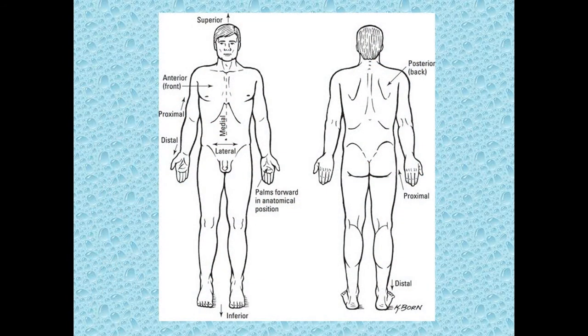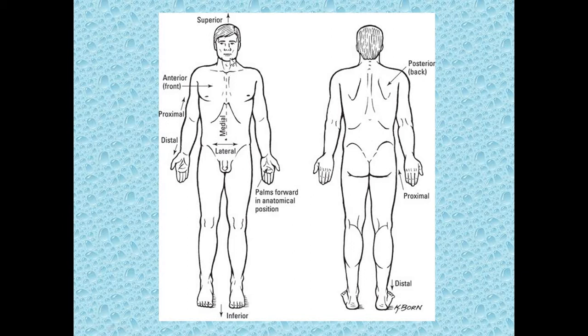In this image we can see the anatomical position of the human body. Here is the anterior view and here is the posterior view. Superior direction, inferior direction, lateral direction.